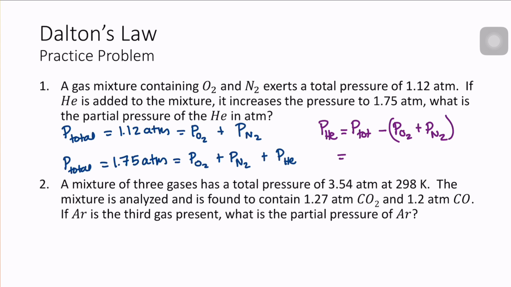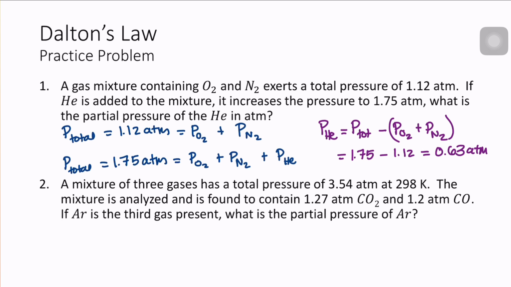My P total is 1.75, and the pressure of my nitrogen and oxygen is 1.12. So when we calculate this out, I can take 1.75 and subtract 1.12, which gives me 0.63 atmospheres. So this is the partial pressure of helium.